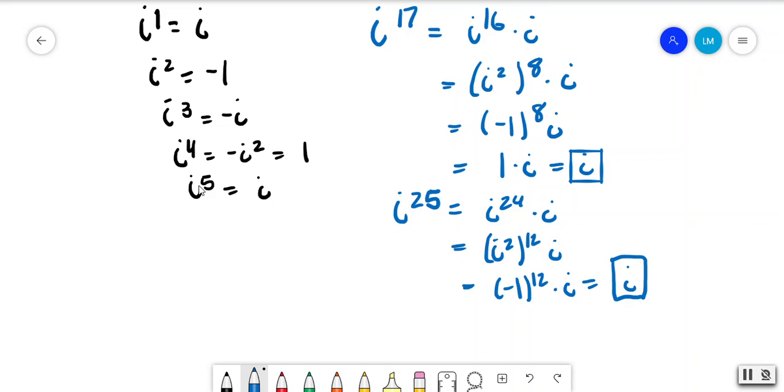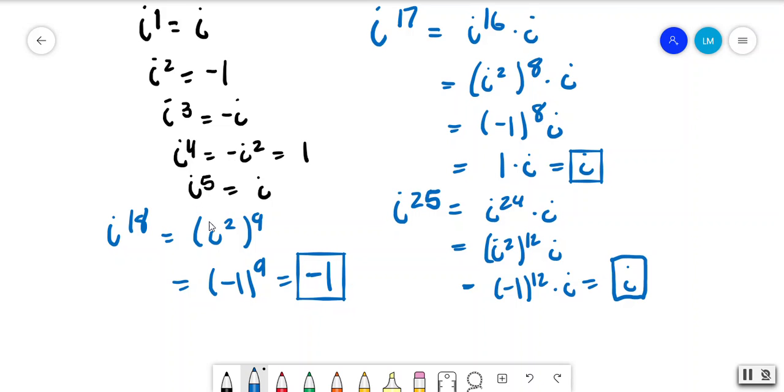Now, for instance, let's say that you had i to the 18. Well, i to the 18 is basically like saying i squared to the 9th power. But i squared is -1, and to the 9th, it's -1.